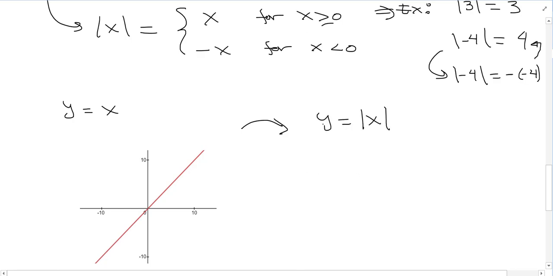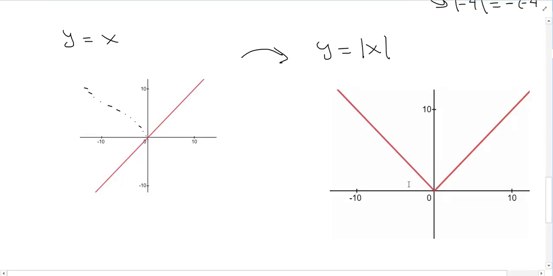Well, when x is positive, keep it positive, so I'm going to have that line. And when x is less than 0, when x is negative, we're going to graph the line y equals negative x. So this part that is below the axis is going to come up, and that's what gives us the V. There's our absolute value. Whatever was below the axis, the absolute value makes it positive, and that's how we end up with the V for the absolute value.